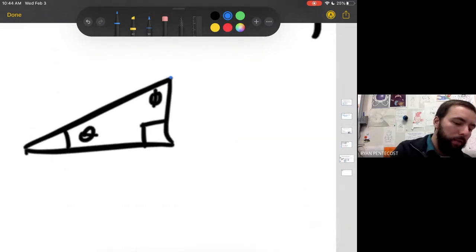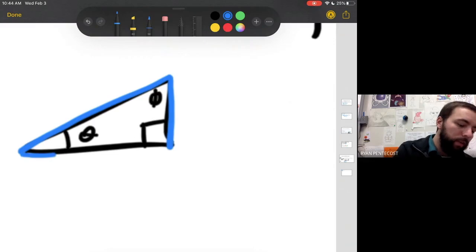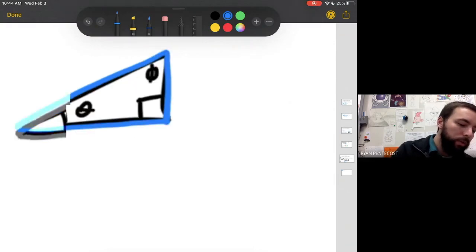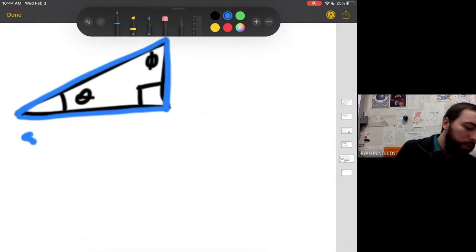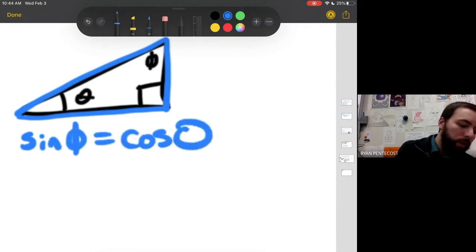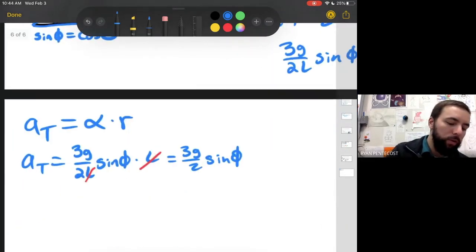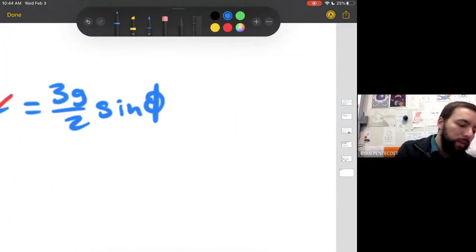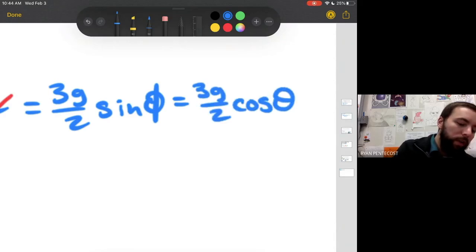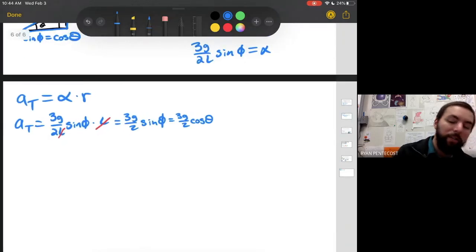If we look at this relationship, with a little trickery, sine of phi also equals cosine of theta. So we can make that substitution down here to say that this actually equals 3g over 2 cosine theta. So that is our a_T.